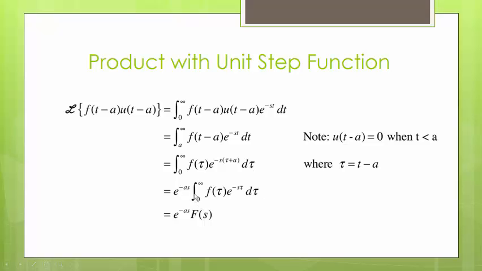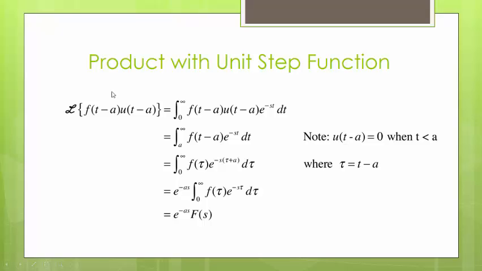When you do that, on this right side, you now have the definition of the Laplace transform of f of tau, which is capital F of s, times this constant e to the negative as.